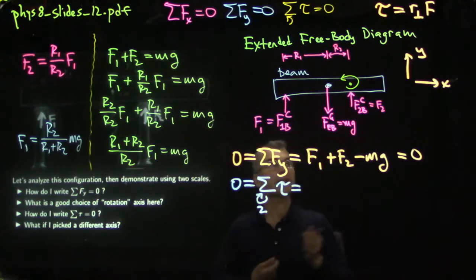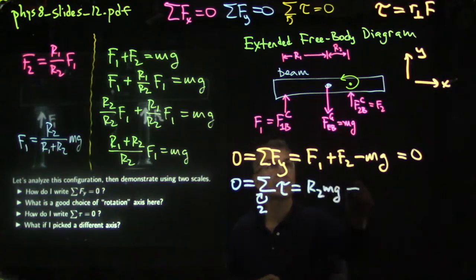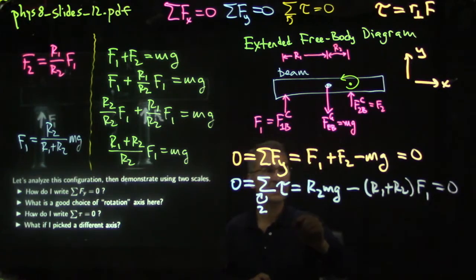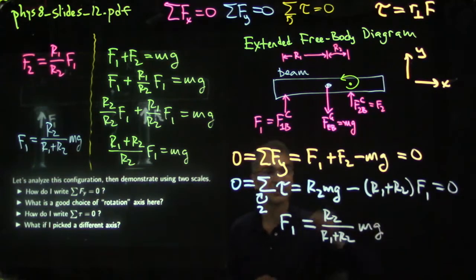So we will write perpendicular distance to the gravity force is R2, and then minus R1 plus R2 F1 equals 0. We can then immediately solve this for F1. We get F1 equals R2 over R1 plus R2 mg, which is the same result we got over here, but we had to do much more work to get it over here.